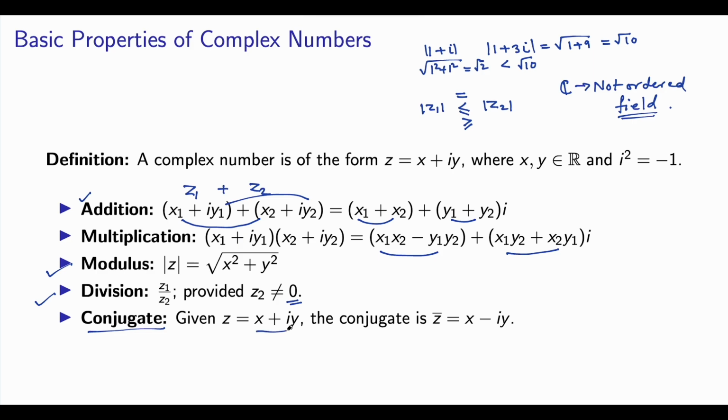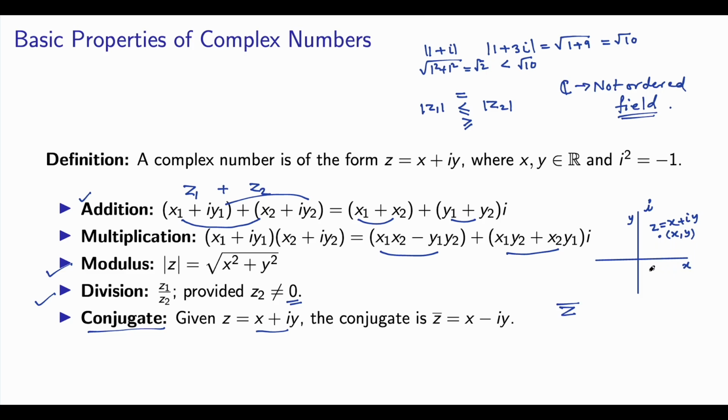If z is x plus iy, then the conjugate is denoted by z bar. If you have a complex plane, with the x-axis and y-axis, any point x comma y can be written as x plus iy, say z.